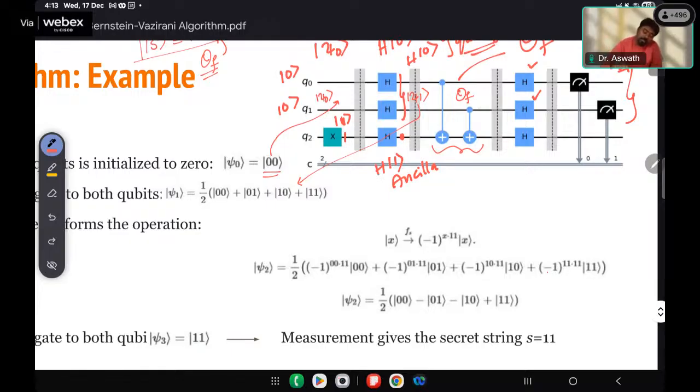How will they act? If some x goes through the oracle function, it gets modified by minus 1 to the power of x multiplied by 1, 1. So this is the shift function.